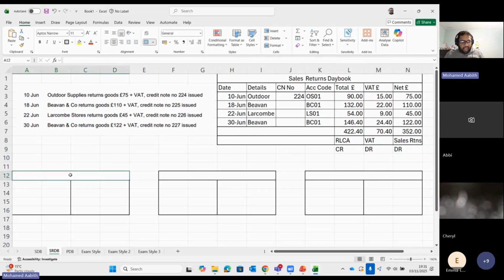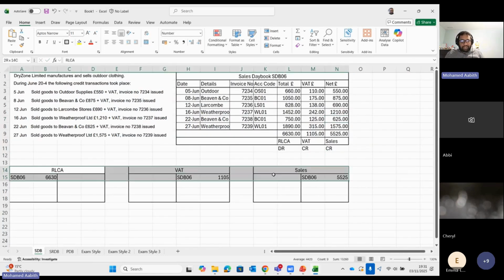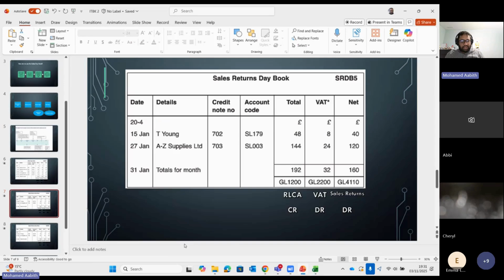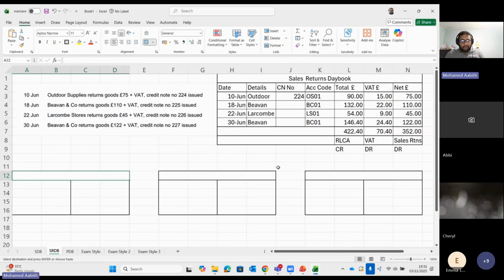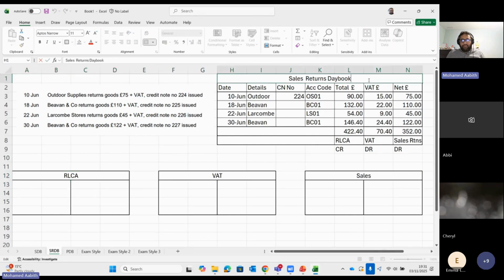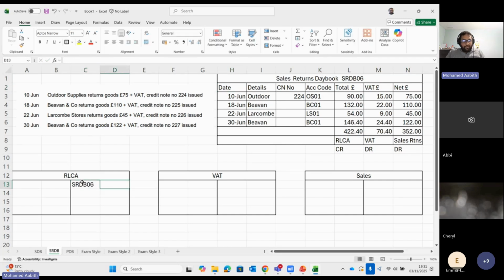So if I'm going to do that here, I'm going to do the same accounts again. So here Control C. Here I'm going to say Control V. So here RLCA, this time we have given a name for them, SRDB 06, because it's the 6th month. So I'm going to say here SRDB 06, and for the value of £422.40. Okay, so I'm going to say equal to that number.